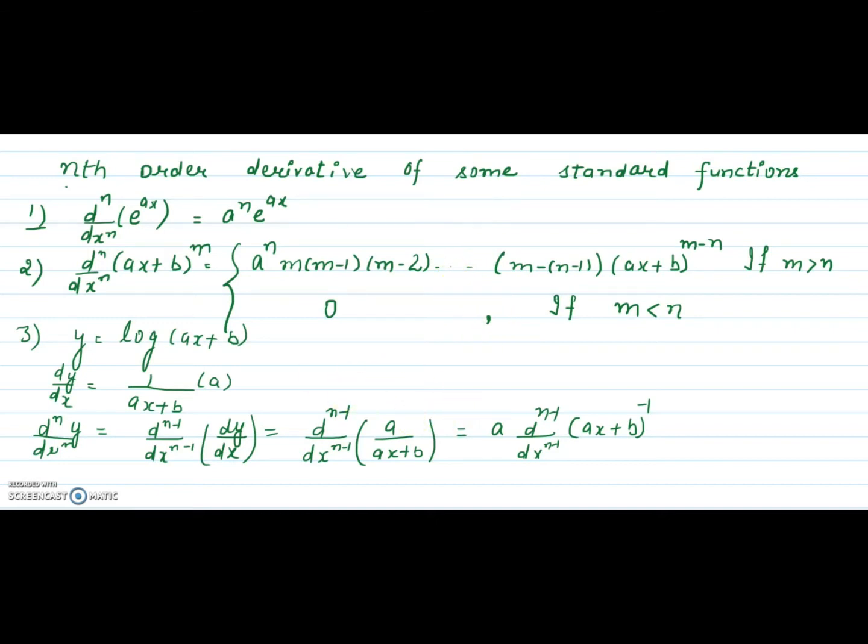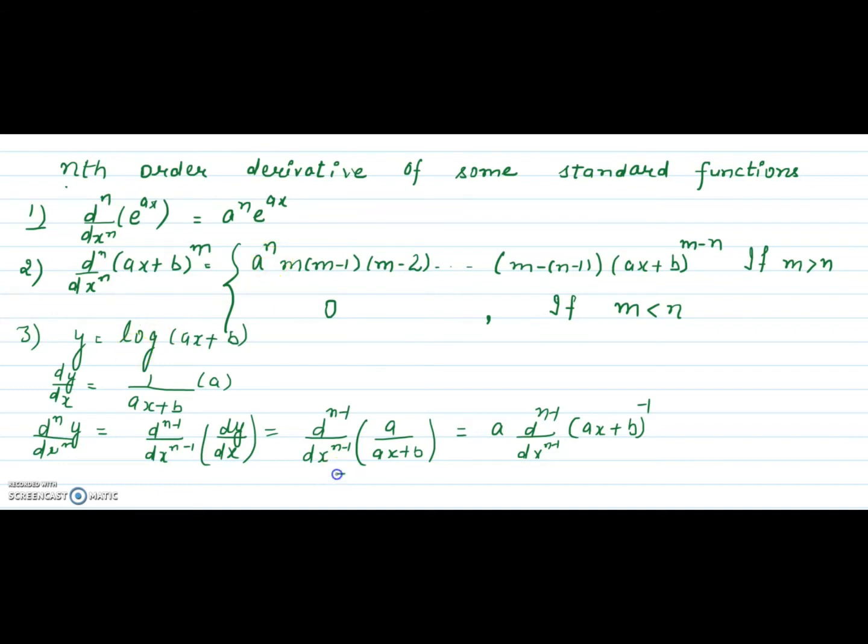So only changes to be made are replace n by n minus 1 and m by minus 1. If you compare these two terms, the difference is that instead of n, n minus 1 is written, and in place of m, minus 1 is written.